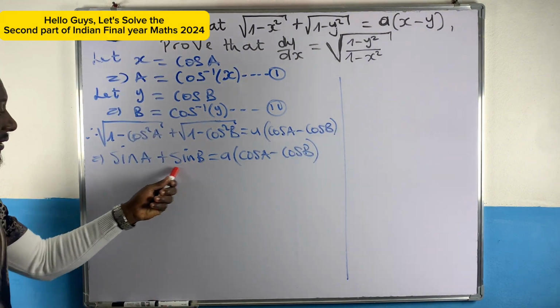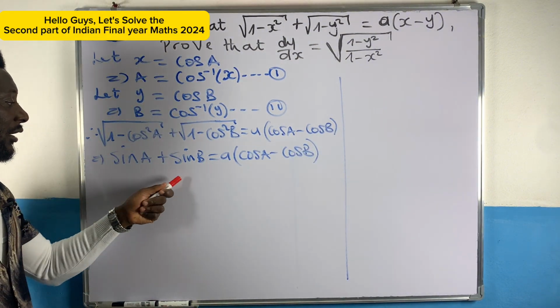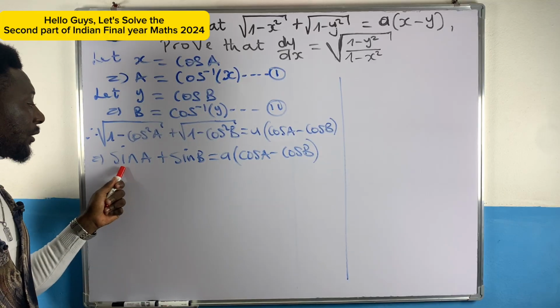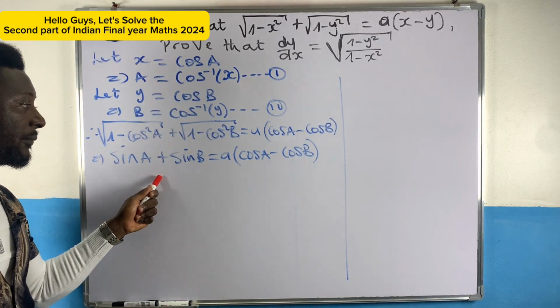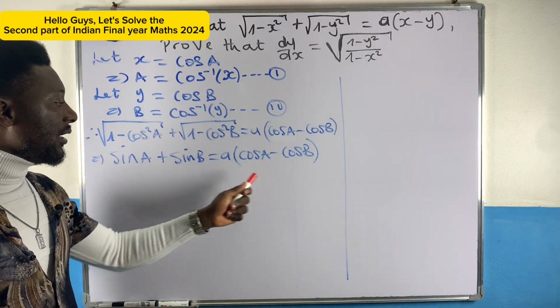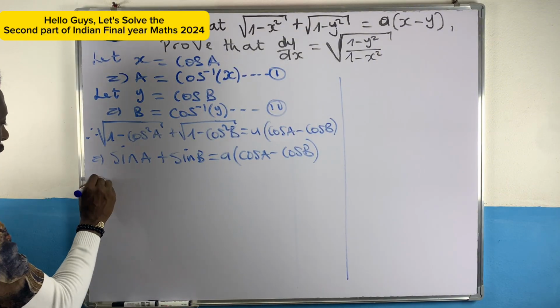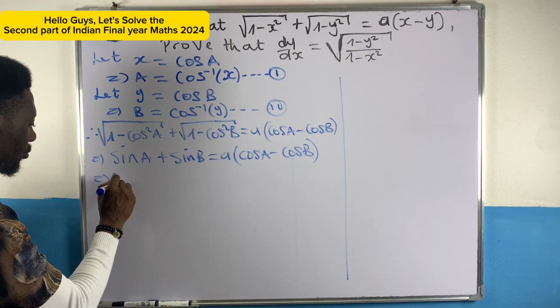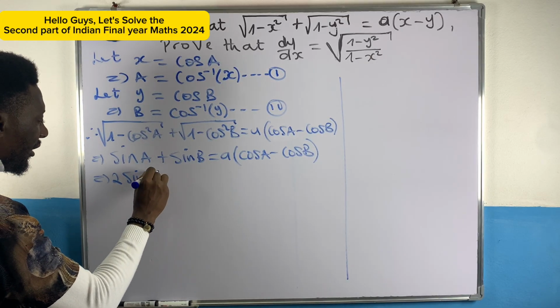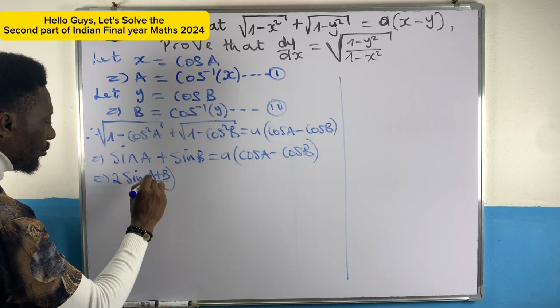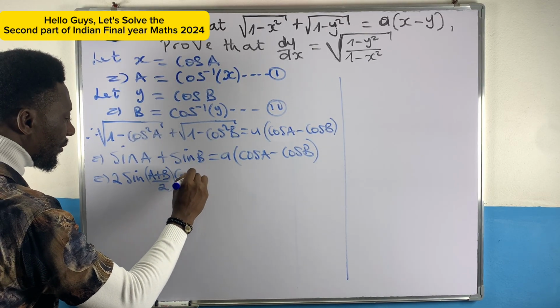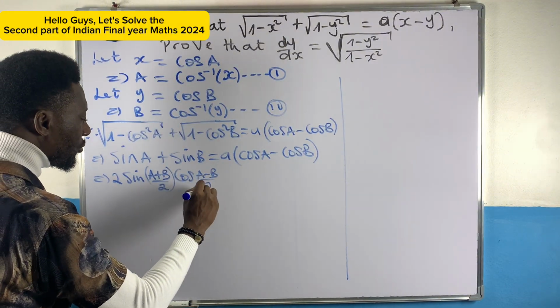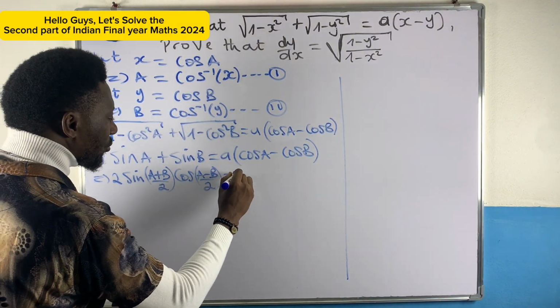Now, when you look at the left-hand side of this equation very well, we can apply the factor formula identity of trigonometry for sine A plus sine B. The identity for sine A plus sine B is 2 sine (A plus B) on 2 cos (A minus B) on 2, which should be equal to a.